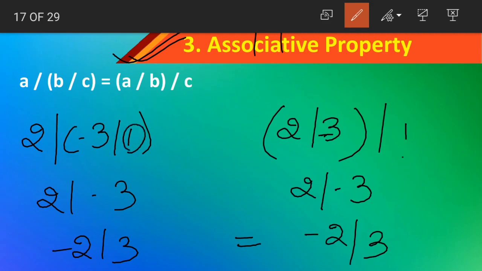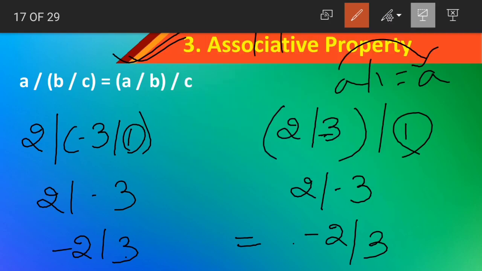Here we have taken 1 as one of the integers, so we got LHS is equal to RHS, because as I said, any number divided by 1 always gives us the same number as the answer. But in reality, division of integers does not follow associative property.